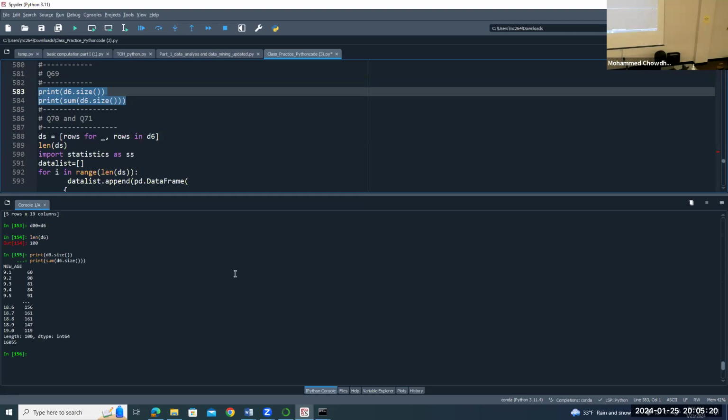The data corresponding to age 19 has 119 rows, and age 18.9 has 147 rows. This is the way I compute all of these things. Print sum D6 dot size. Okay, D6 dot size.